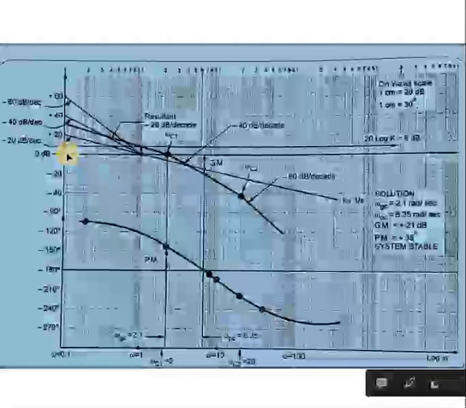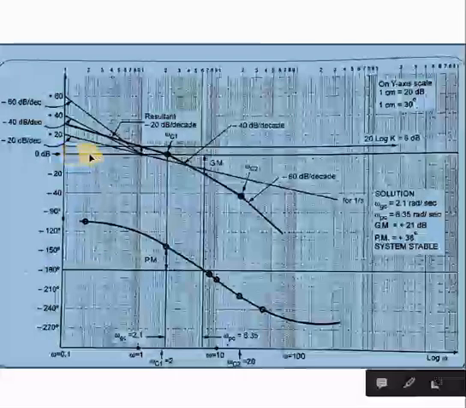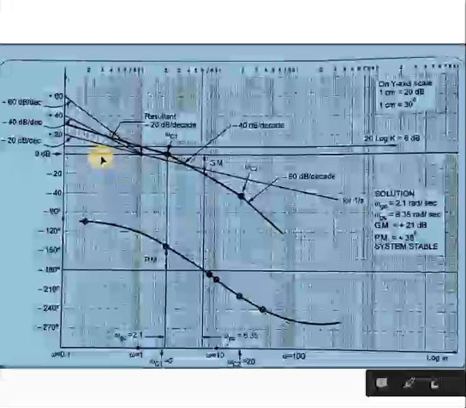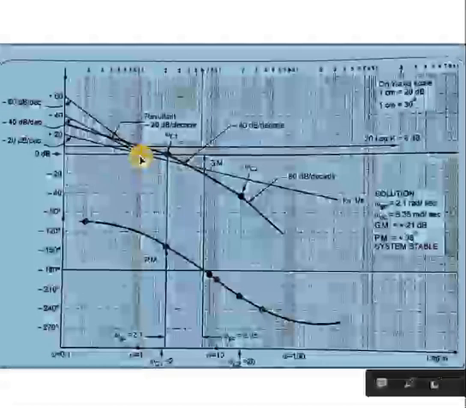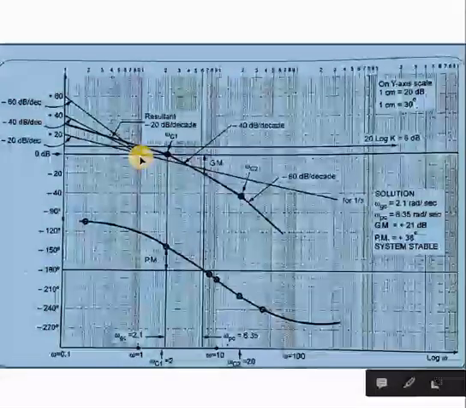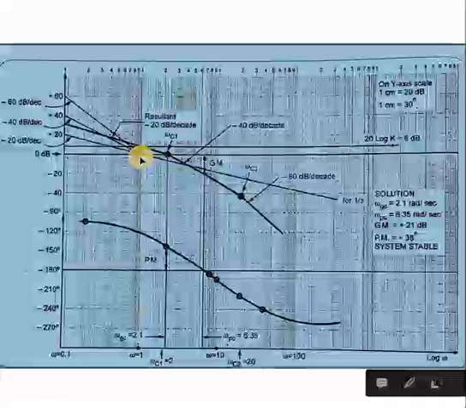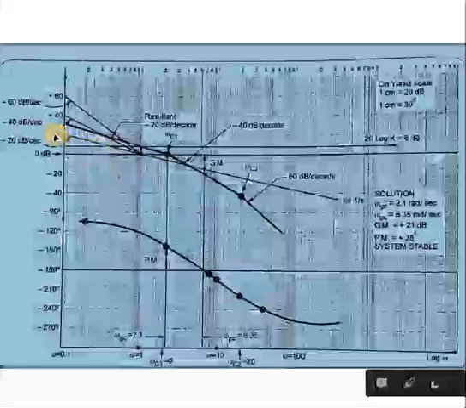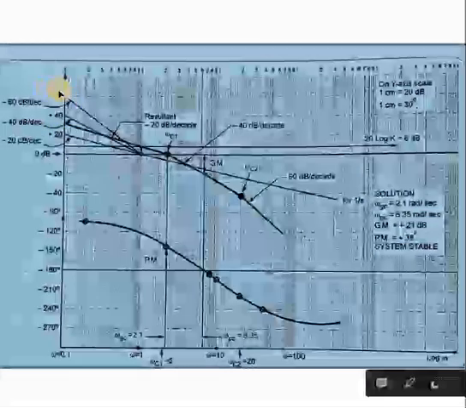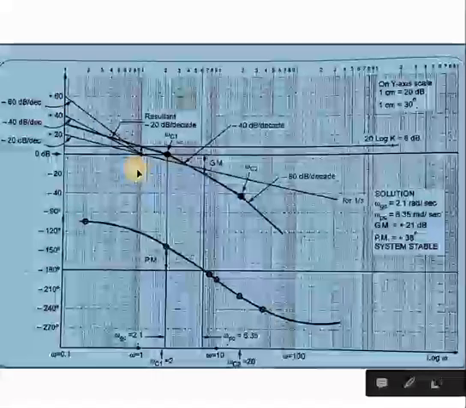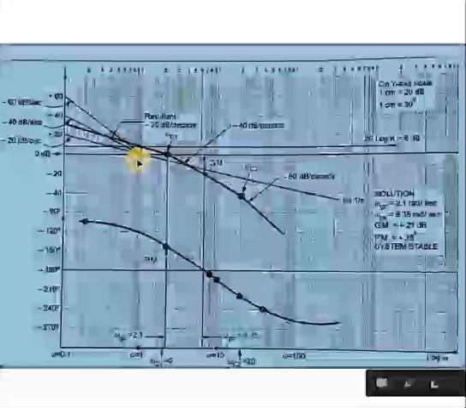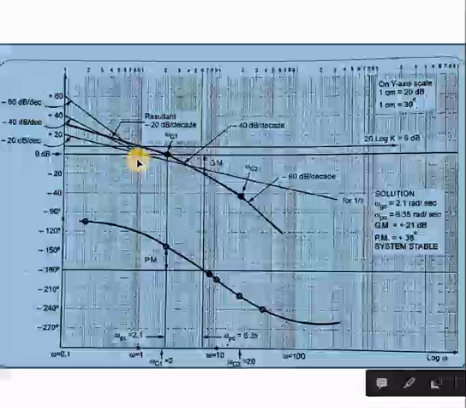Similarly, mark a point on this 0 dB line where omega equals 1. So this is the 0 dB line. After that, from that point, you draw lines of 20 dB, 40 dB and 60 dB slope. Okay.